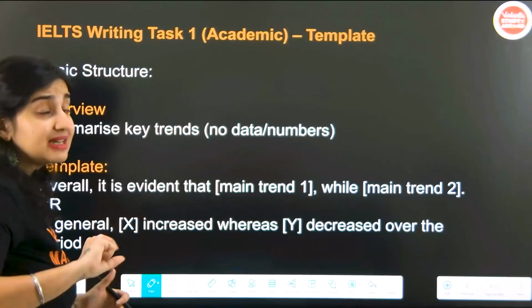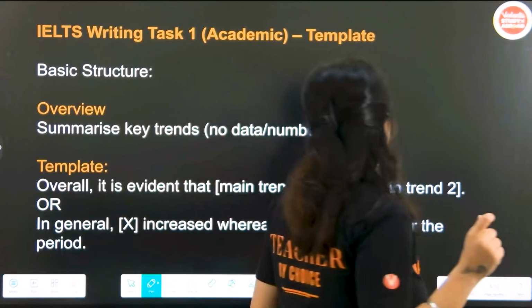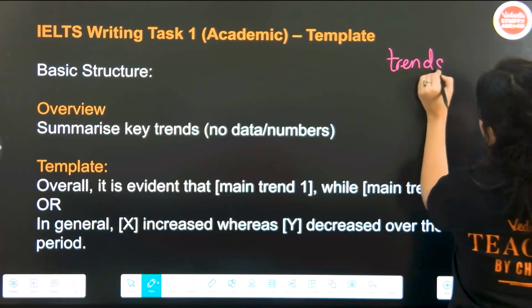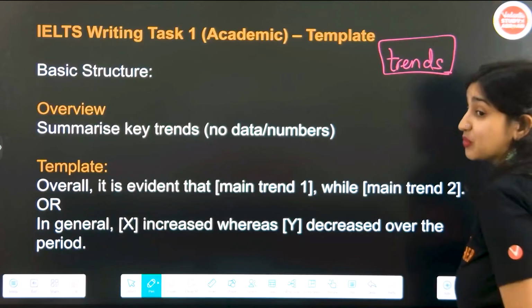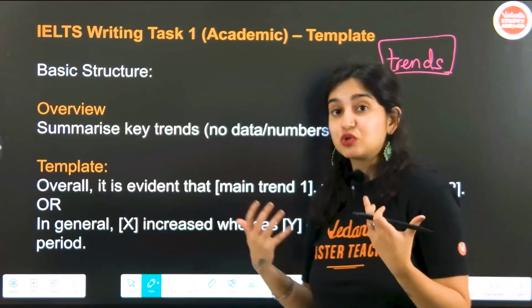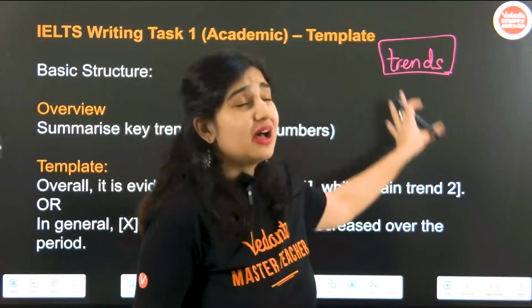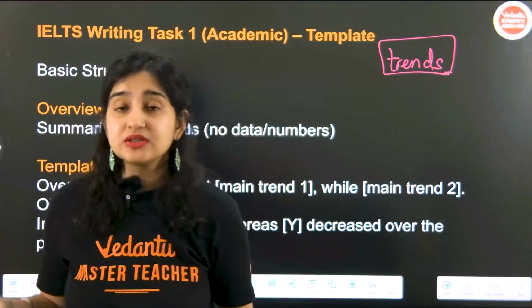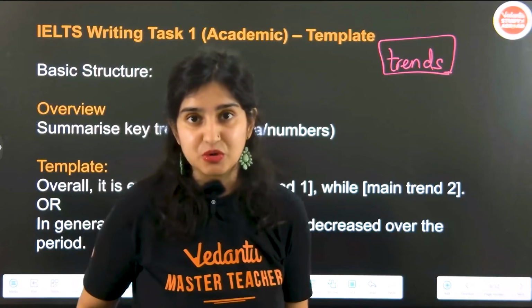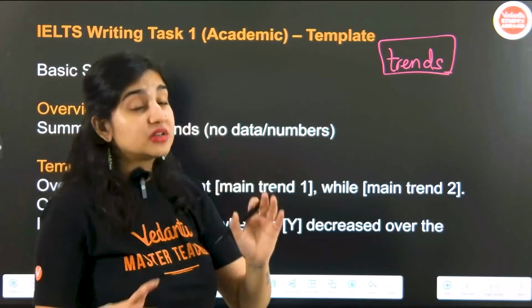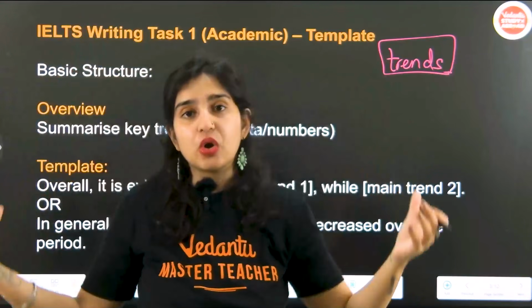Once you've identified the key trends, make sure that you are describing them using appropriate trend words. We've been through these lists multiple times. I will also give you another video with a list of trend words that you can use as a reference every time you're writing. With those trend words, you are going to describe the overall trend.